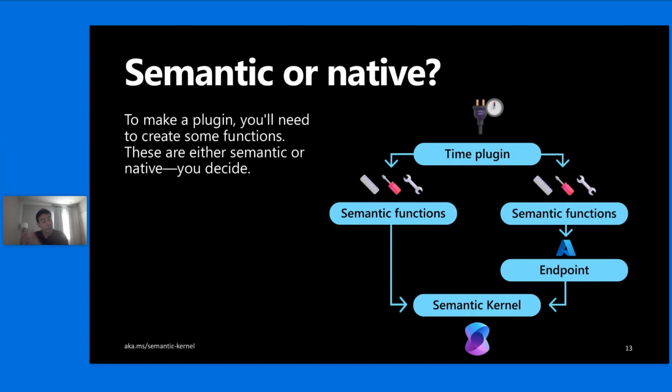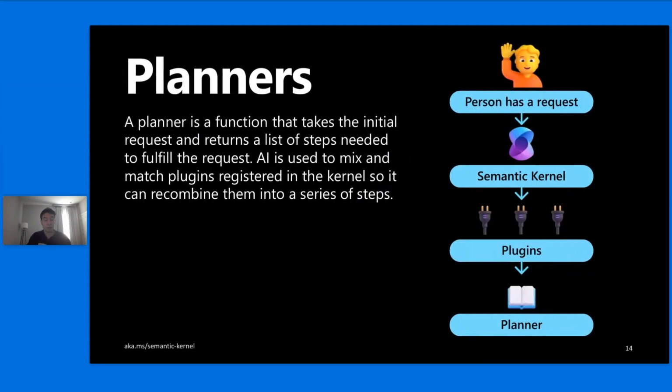And on the other side, you have the native. The native is in your code, creating in C#, in Python, in Java, wherever you have. So you have these two flavors. And we're going to see one of them.